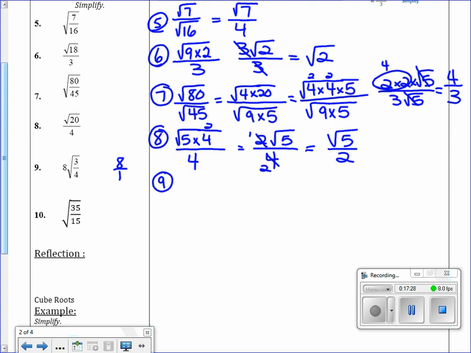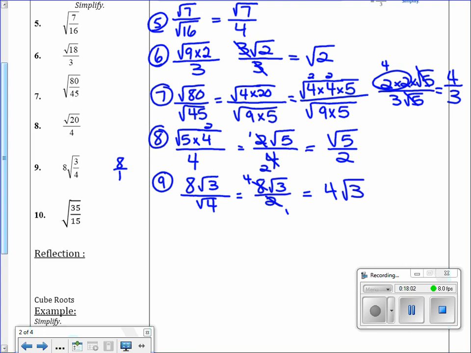So I'm going to rewrite this as 8 times the square root of 3 all over the square root of 4. So now I have the square root of 4 is 2, so I have 8 times the square root of 3 all over 2. 2 goes into 2 once. 2 goes into 8 4 times. And I end up with 4 times the square root of 3.